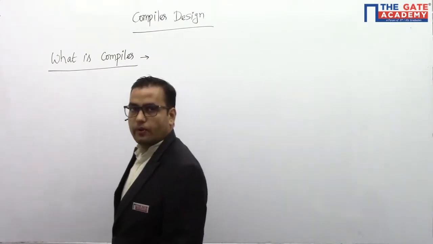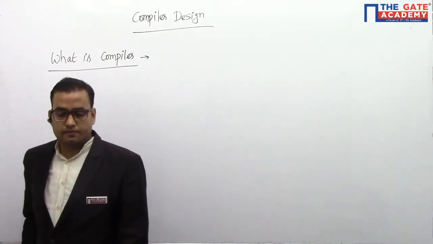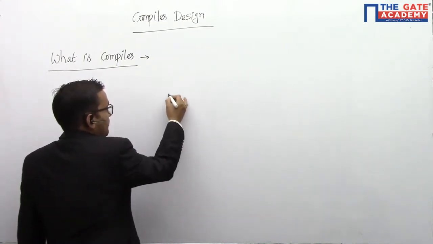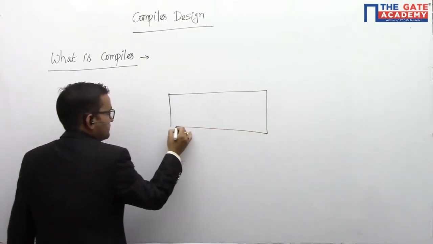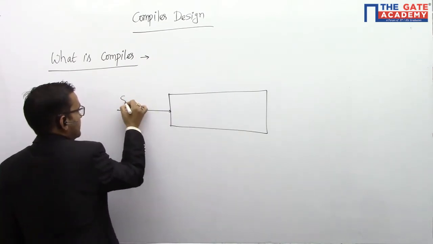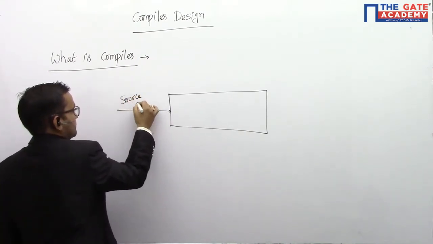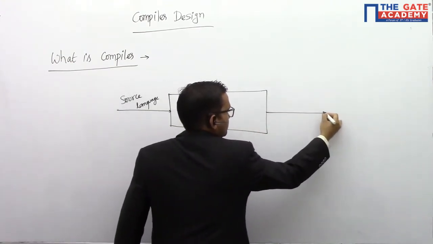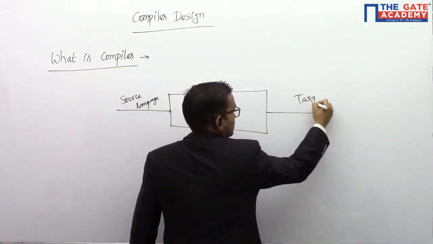Okay, just note down some points. Compiler is a translator. Compiler is a translator which can translate a source language into some target language.